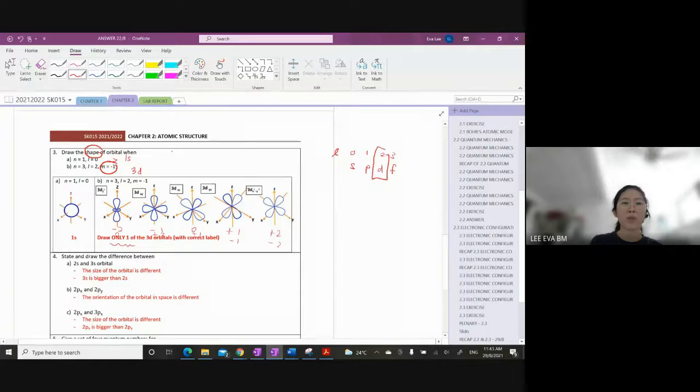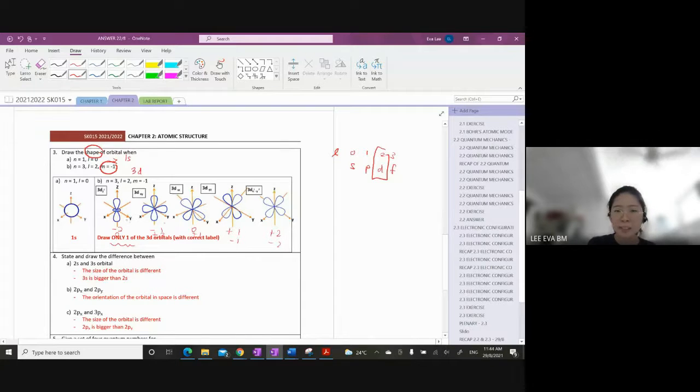So please make sure you are clear about this. Every time you draw these, please write down the name of the orbital, whether it is 1s, 3dz square, or 3dyz. You need to write that to represent what shape you are drawing.